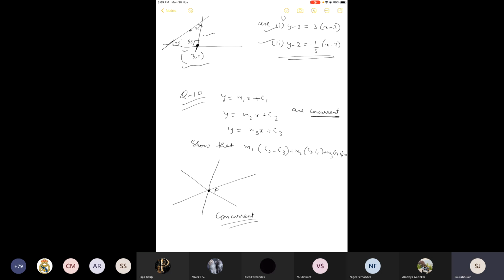Now, can anyone tell me how you will use this information mathematically? What you are going to do and how you are going to prove this result? How will you use this information that the lines are concurrent or they are passing through the same point? Basically, if you take any pair of two lines, suppose these are the three lines.